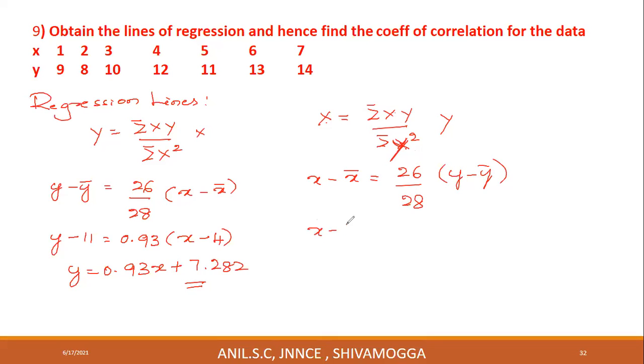Therefore, X minus X bar, and X bar is 4. This is equal to 26 by 28, which is 0.93, into Y minus Y bar. Y bar is 11. Therefore, X is equal to 0.93 into Y. Find the constant.